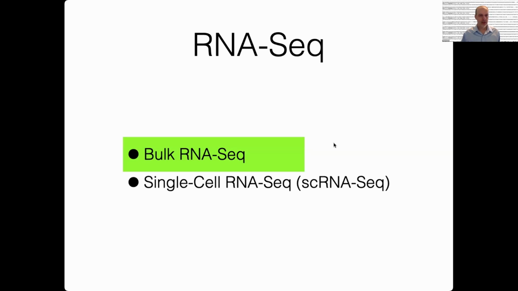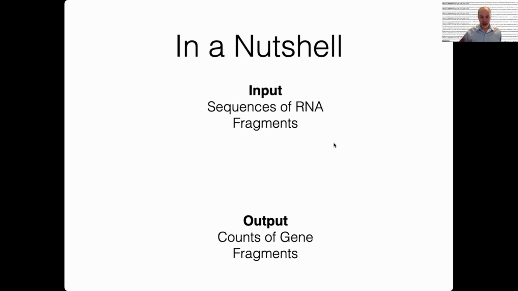Okay. So this is bulk RNA-seq in a nutshell in terms of the analysis. I talked a little bit last week about how we actually prepare the samples, so what I'm going to be talking about this week is almost entirely about how we analyze the data.